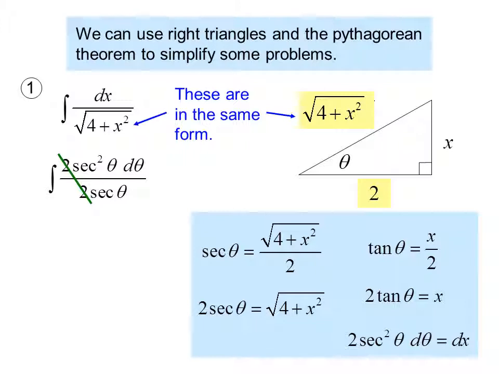We can cancel a 2, cancel a secant theta. Now we have the integral of secant theta d theta, which is the natural log of the absolute value of secant theta plus tangent theta plus c.